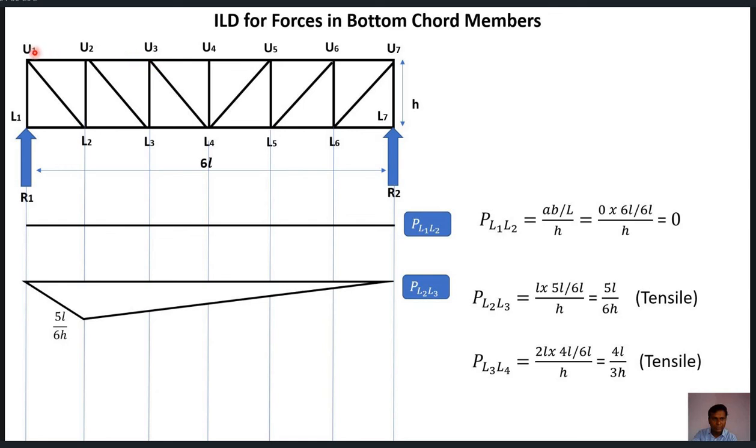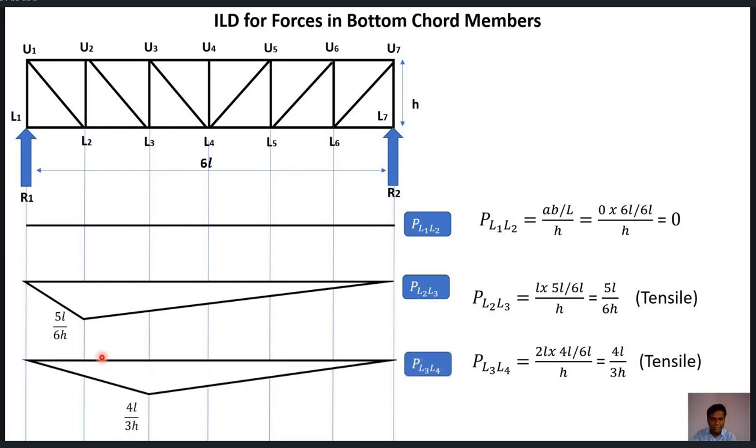So here distance A will be nothing but distance U1U3, that is the length of these two panels, that is 2L, and here distance B will be the length of these remaining 4 panels, that is equal to 4L. So here 2L into 4L divided by 6L. So you will be getting the value of the maximum ordinate for PL3L4, that is 4L upon 3H. Again it should be in tension.